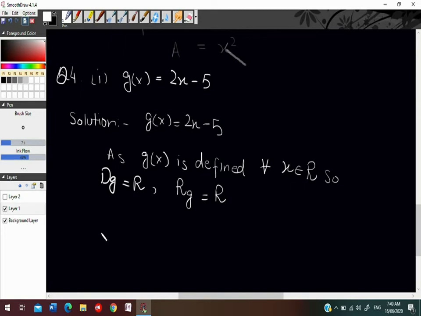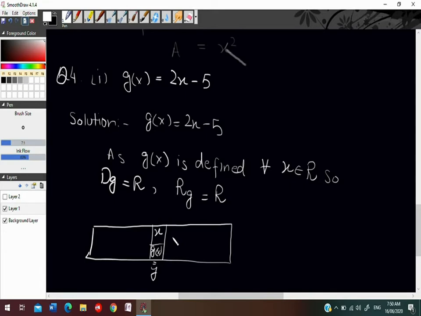So we make a table. Let's say we take some values. Here we write x, and here we write g of x, which is y. At the right side we take some positive values, and to the left side we take some negative values.